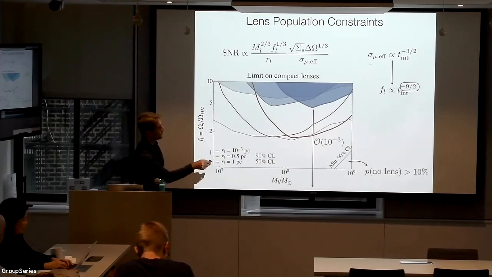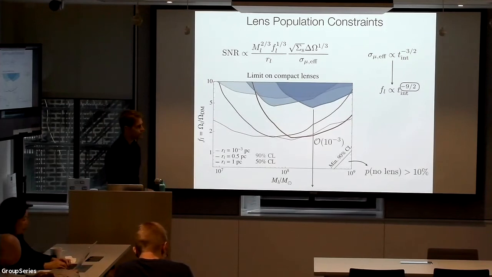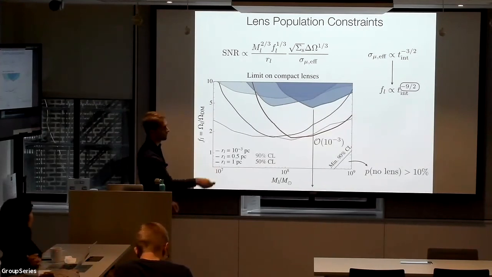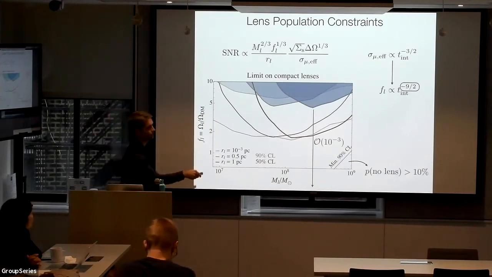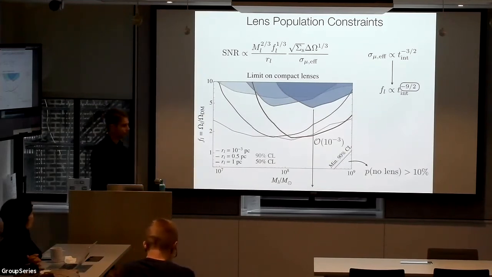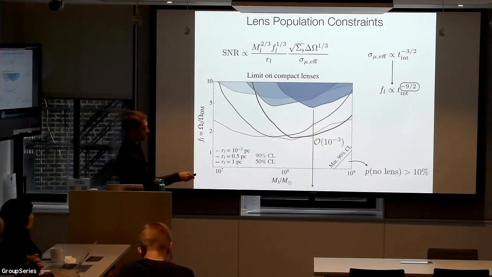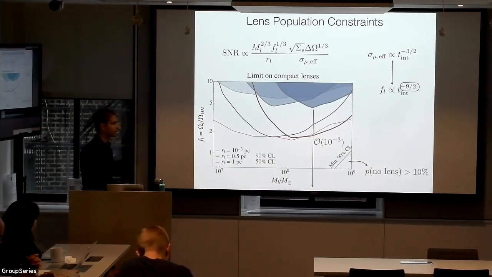Good. So, the proper motion precision will improve like the -3/2 power. But looking at this formula here, because of the weak dependence on the abundance, the fact that we only got the 5 here now actually does not mean much, because the substructure fraction that we're sensitive to will decrease like a very high power with integration time. So even with DR3, which will come out at the end of this year, we will move down in physical parameter space.